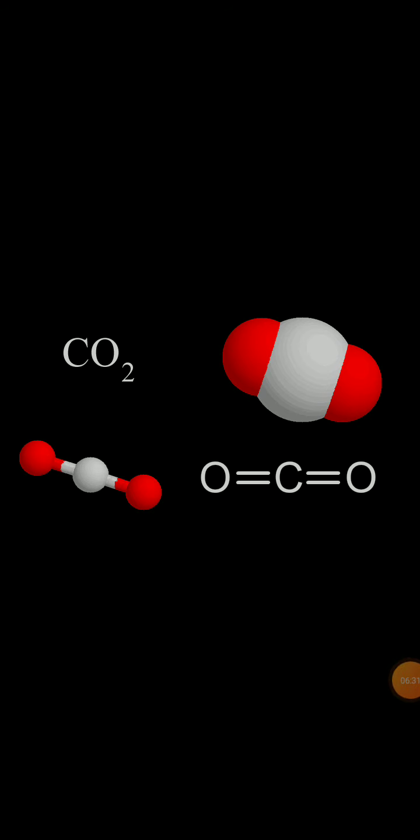Another way of looking at coal and petroleum is that they are huge reservoirs of carbon, and if all this carbon is converted to carbon dioxide, then the amount of carbon dioxide in the atmosphere is going to increase.